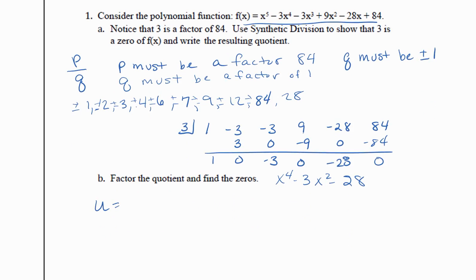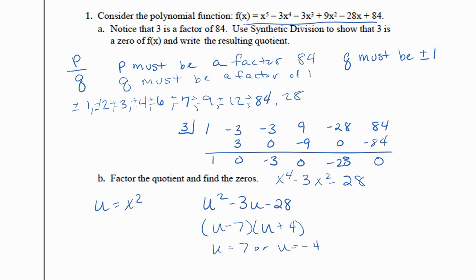So we could say let u equal x squared, then we would have u squared minus 3u minus 28, which would factor as u minus 7 and u plus 4. Okay, so we'd get u equals 7 or u equals negative 4.